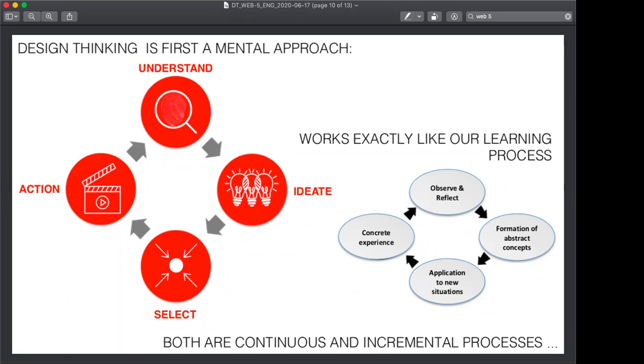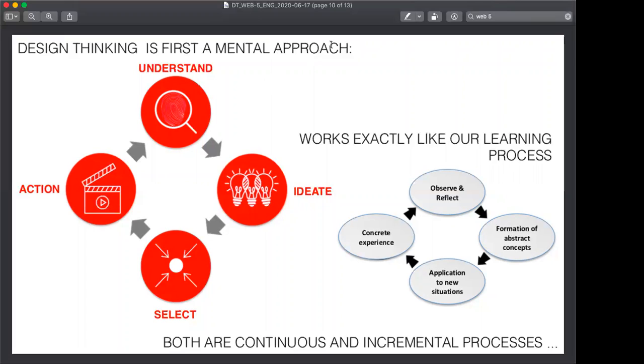We refine and we continue to repeat all the phases of design thinking when we are developing a product or service, or we are managing a project. And if you consider the other schema that we have inserted in this slide, we can observe that the design thinking process is exactly like our learning process.